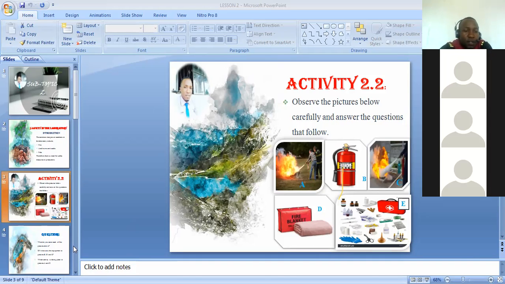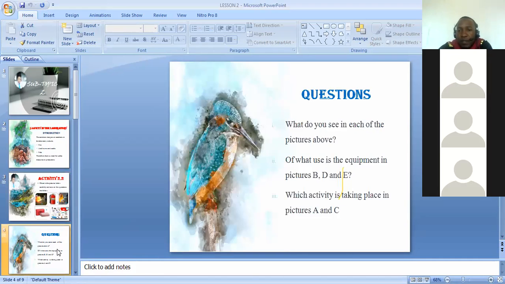Let's move on to the next question. Of what use is the equipment in pictures B, D, and E? Let's look at the uses. We write that question down. Of what use is the equipment in pictures B, D, and E?